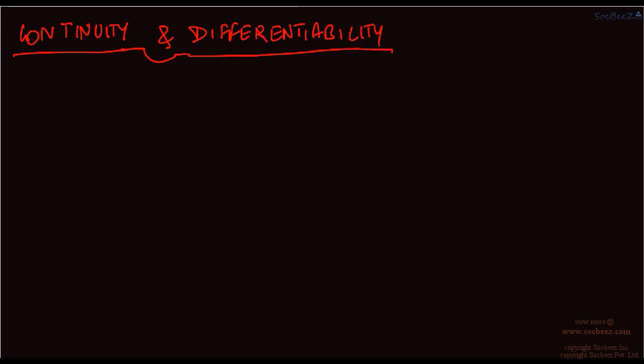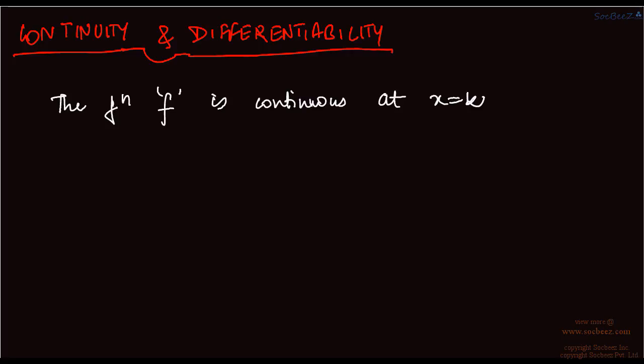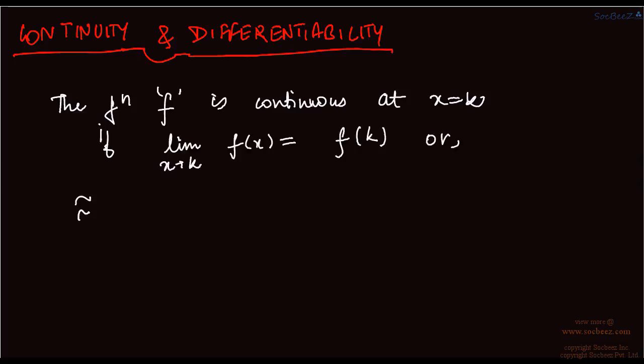So first of all, the first line for this, the function about continuity. Any function f is said to be continuous at, let's say, x equals k if and only if limit x tending to k of f(x) is equal to f(k), or equivalently limit h tending to 0.